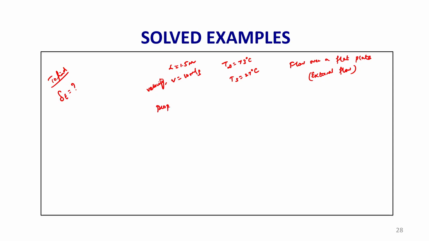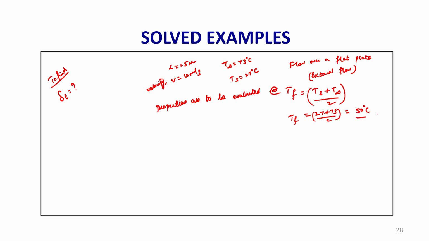Properties are to be evaluated at mean film temperature, that is equal to Ts plus T infinity by 2. So, this is equal to 27 plus 73 by 2, that is equal to Tf is equal to 100 by 2, 50 degree centigrade.